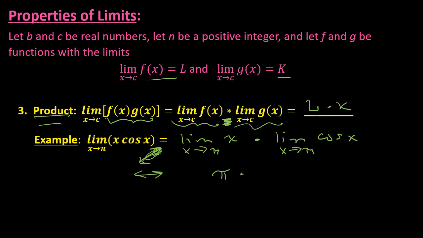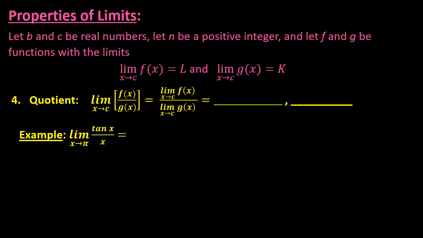And then times the limit as x approaches pi of cosine x. Well, I also know that cosine x is a continuous function, so I can take the cosine of pi. This is going to make you really think because we haven't done cosine in a while, but the cosine of pi is right here, the y value when the x value is pi, and it is -1. So this is really pi times -1, or negative pi.